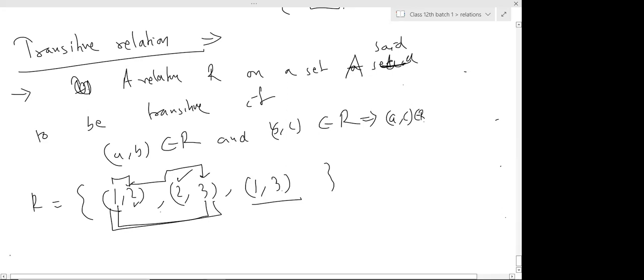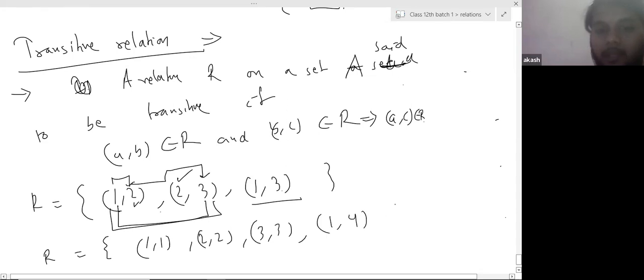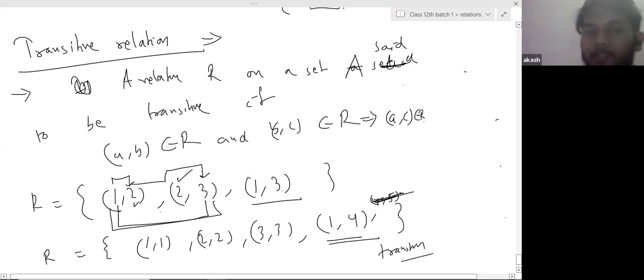There is another case with this. If I write a set where (1, 1), (2, 2), (3, 3), and suppose (1, 4). Now this (1, 4) has no element like (4, 5), right? This is not here, so we cannot say whether this is transitive or not. Then we will write this is transitive. If you don't have this missing pair, then this relation will be transitive.